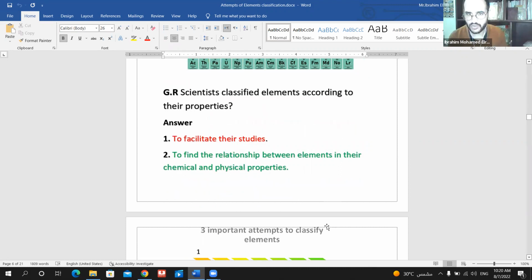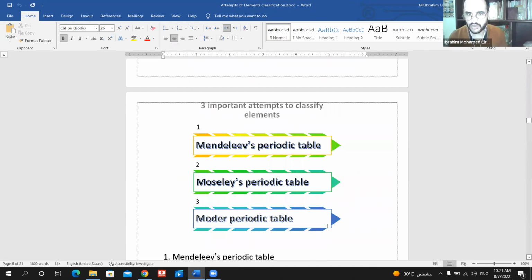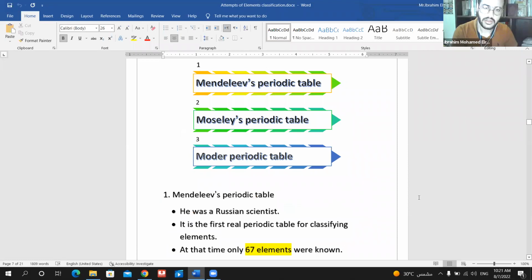Okay. The first attempt is called Mendeleev's periodic table, and today we are going to know about this attempt and some information about Mendeleev.